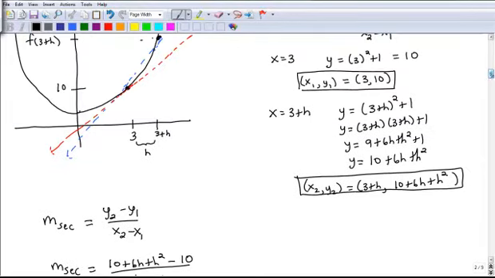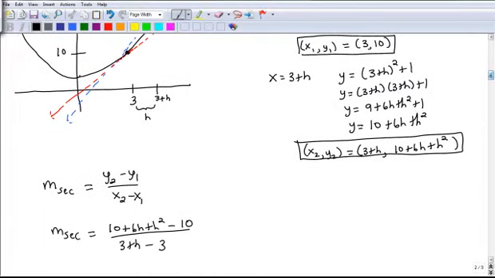So notice in my slope formula for the slope of the secant line, y2 is that, y1 is that. So I can label these so they're easier to see. This right here is my y2. This right here is my y1. That right there is my x2. And that right there is my x1.